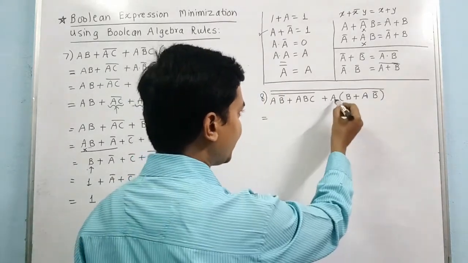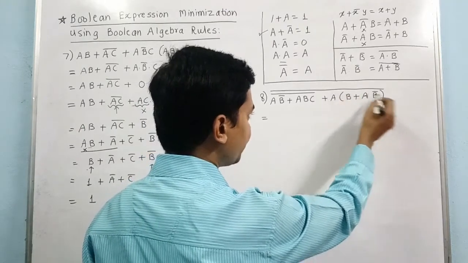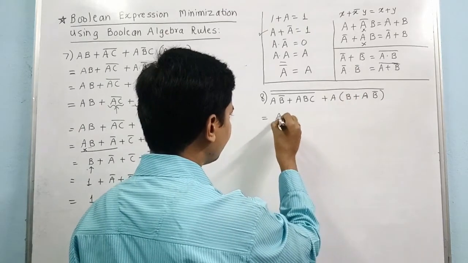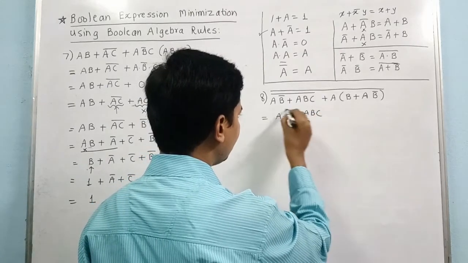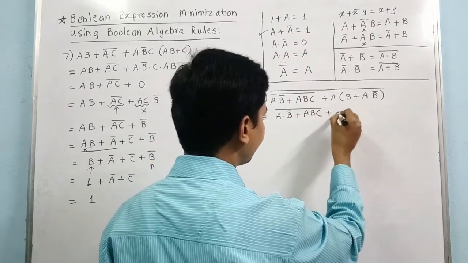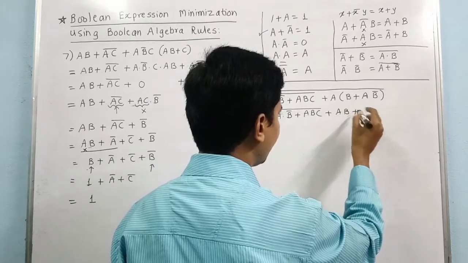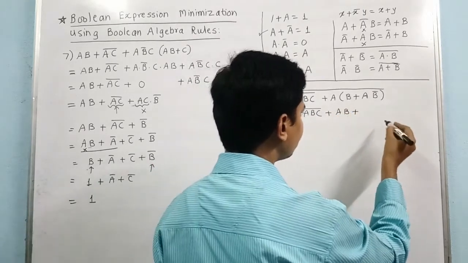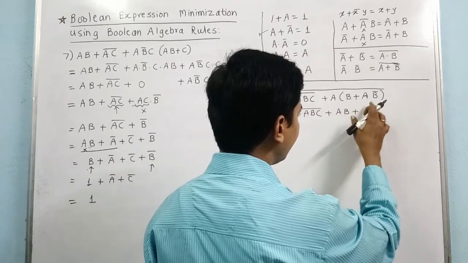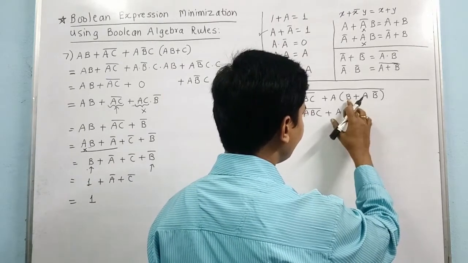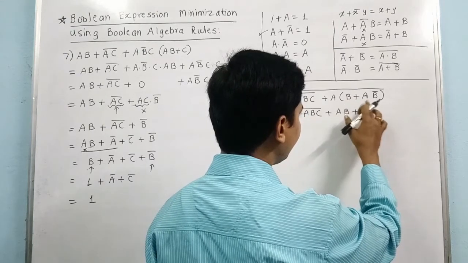We will multiply a inside the bracket. So the expression will become a into b bar plus abc bar plus ab plus, okay, instead of writing this, I can simply use the redundant literal rule.